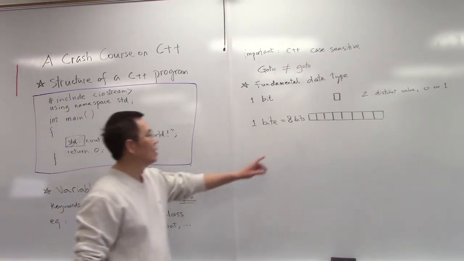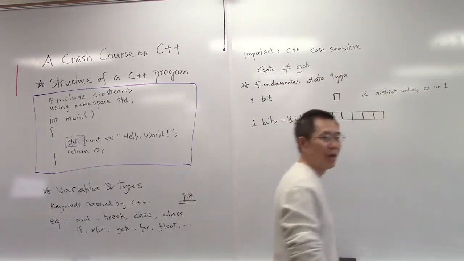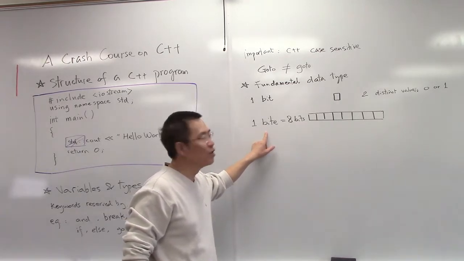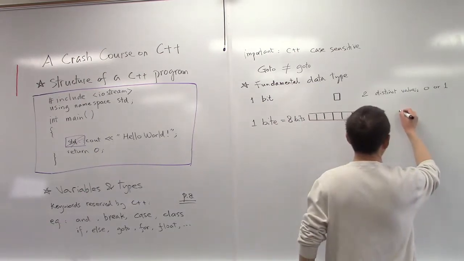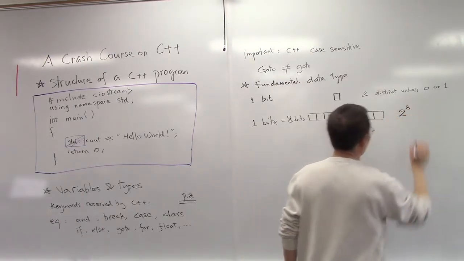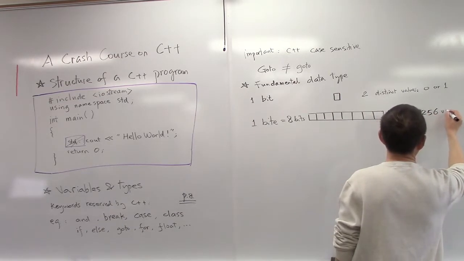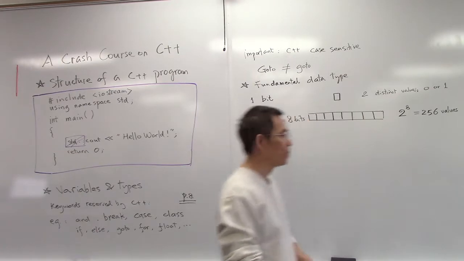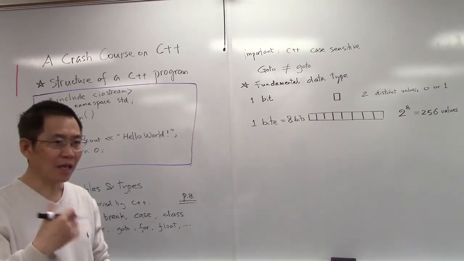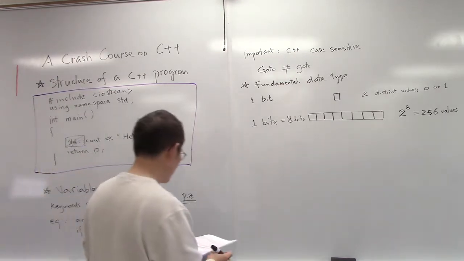Now, because each bit can have 2 distinct values, how many distinct values can 1 byte have? 256, correct? Because each can have 2 values, so it's 2 to the power of 8, which is equal to 256 distinct values. So any variable that occupies 1 byte of memory space can be assigned a total of 256 distinct values.